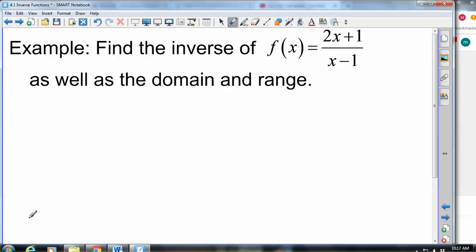Do you guys remember doing this in Algebra 2? So step 1, instead of f of x, we write y. Switch x and y. Since we have multiple x's here, both of those are going to become y's.